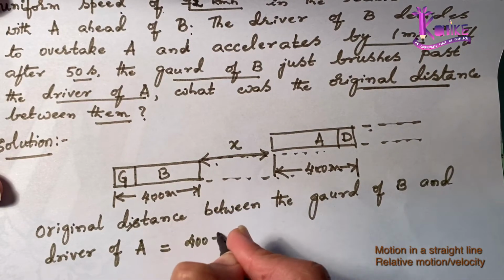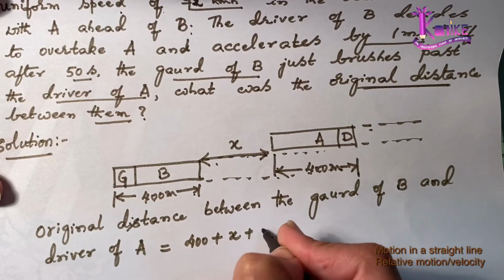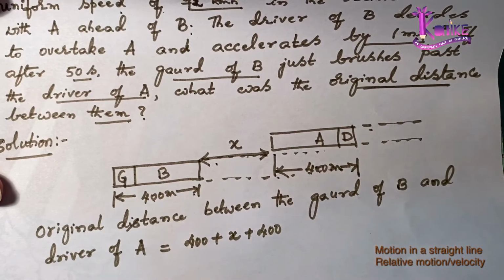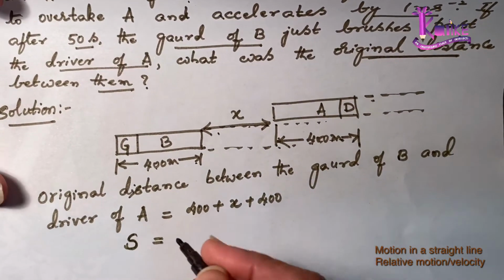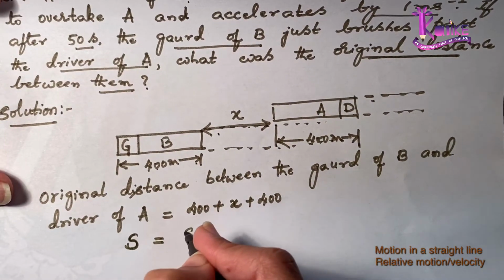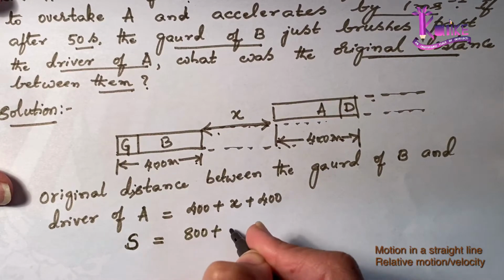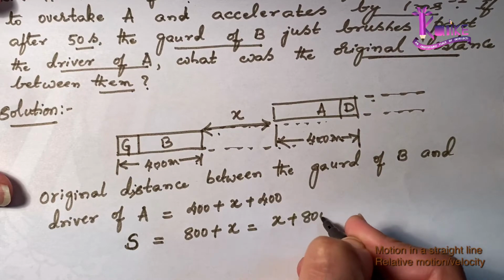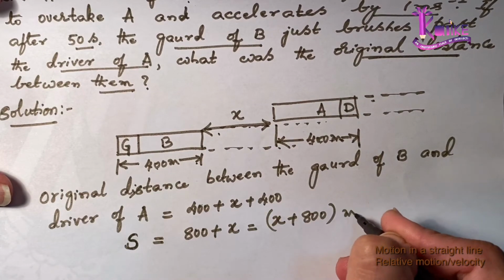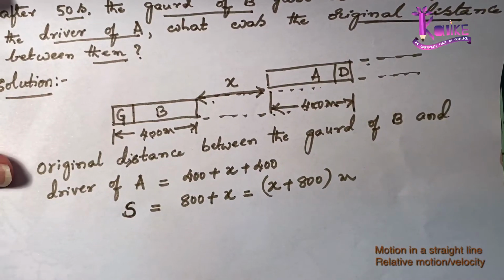So 400 plus X plus 400, right? If I call that original distance as S, let us say, so how much is S? It will be equal to 400 plus 400 is 800. This 800 plus X, or it is X plus 800 meter, where X is unknown.